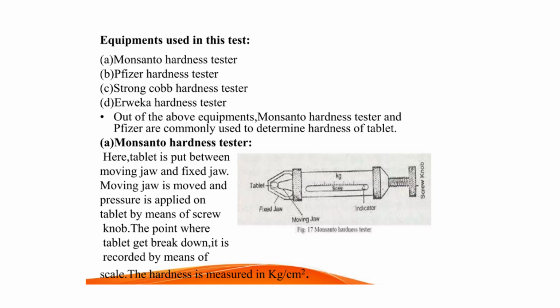We usually place the tablet vertically between these edges, and after placing the tablet here we rotate the screw, and after rotating to some extent the tablet will break. Here you can see the force, how much force we have applied to break the tablet. That is actually the hardness. So from the scale you can note down the hardness of that tablet.